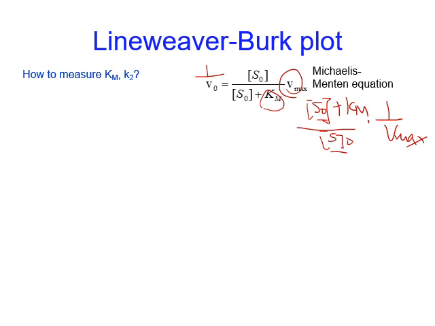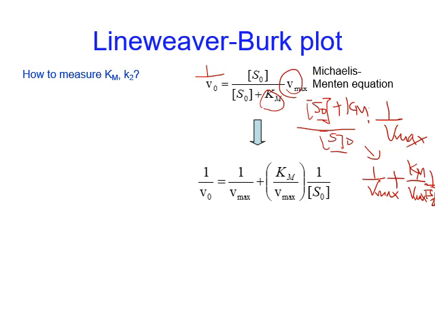So this becomes 1 over Vmx plus Km divided by S0 times 1 over Vmx, which we can write as Km divided by Vmx times 1 over S0. All right, so this gives you this equation.